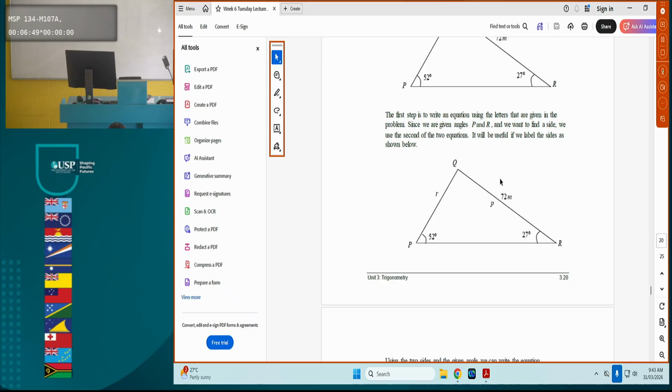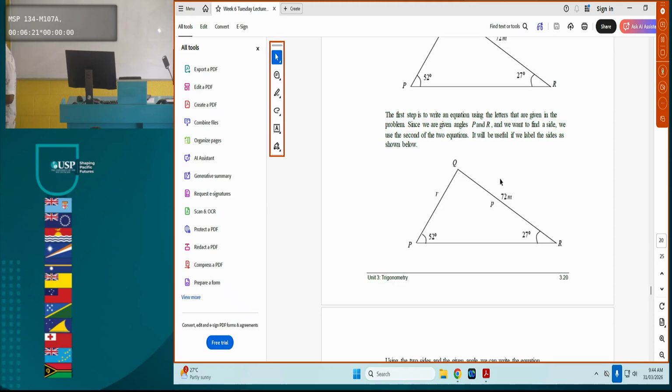No. R is the side we have to calculate, and angle R is 27. So it looks like the Q part is useless, so we can just remove it and equate these two. And then we'll just rearrange to solve for R.